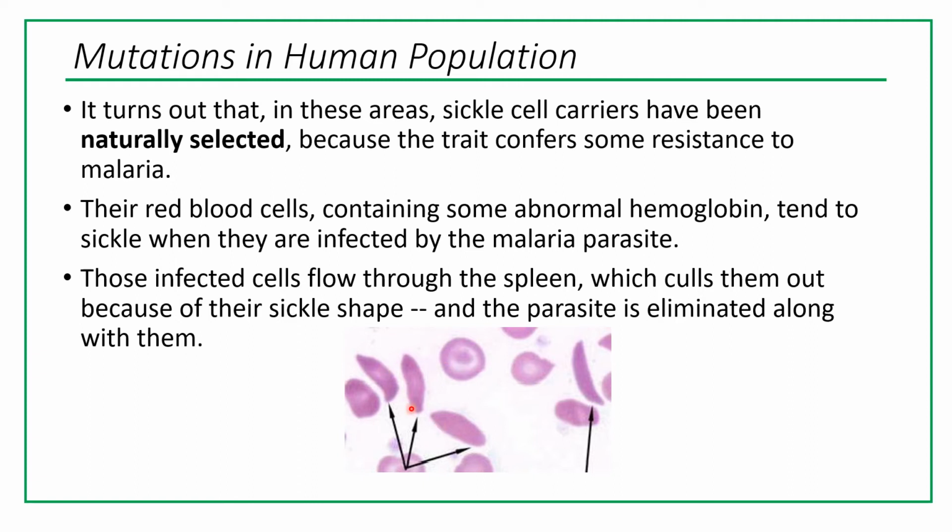So these people have some sickle cell red blood cells, but they still have normal cells as well because they are only carriers, right? And the sickle cells are just removed along with the parasites from the body.